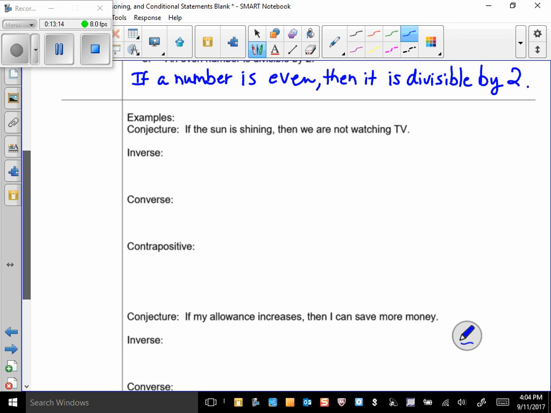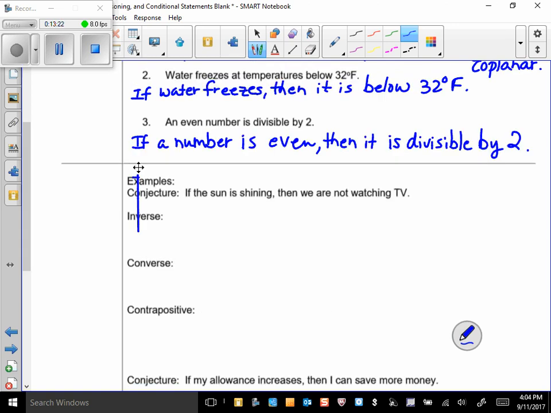Okay, so what would be the inverse of this? Remember, to get the inverse, we have to negate the hypothesis and the conclusion. So this is P, the sun is shining.